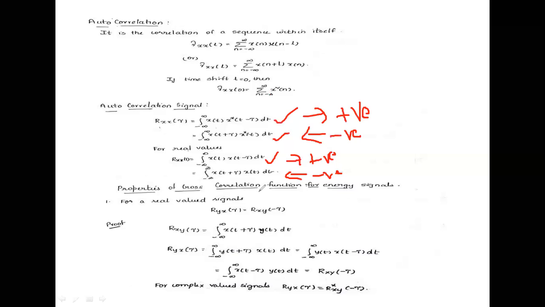So, properties of the cross-correlation function for energy signals. For energy signals, we already proved that Ryx of tau is equal to Rxy of minus tau.